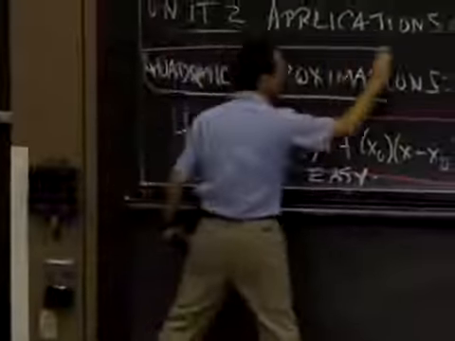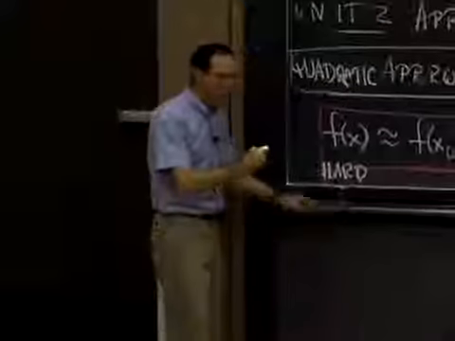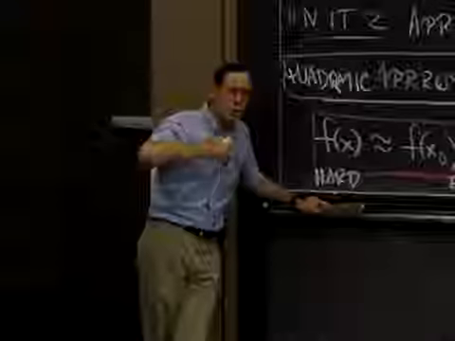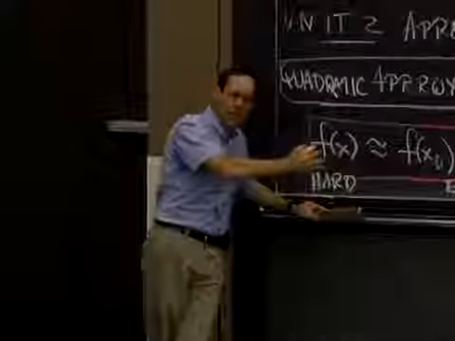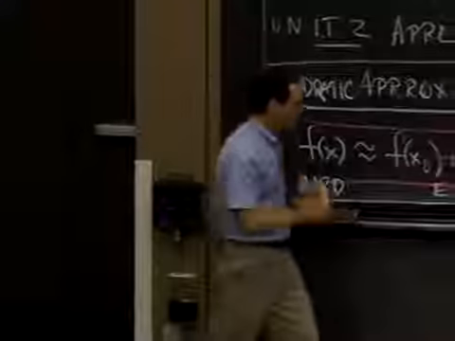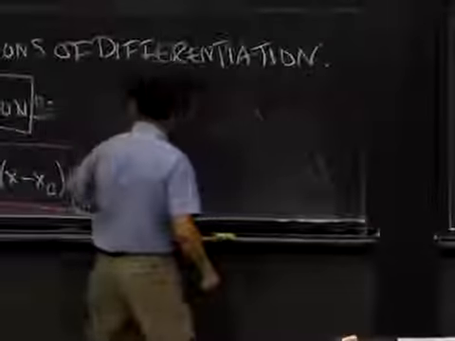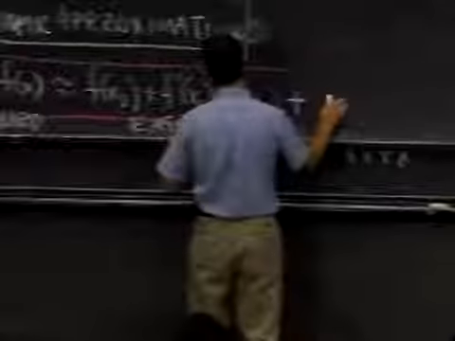Suppose we talk about a quadratic approximation here. The quadratic approximation is going to be just an elaboration, one more step of detail from the linear. In other words, it's an extension of the linear approximation, and so we're adding one more term here.